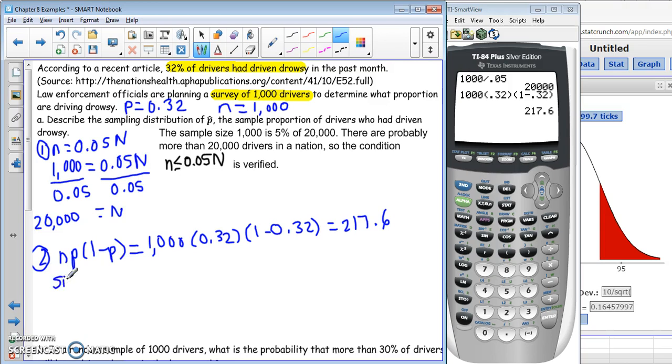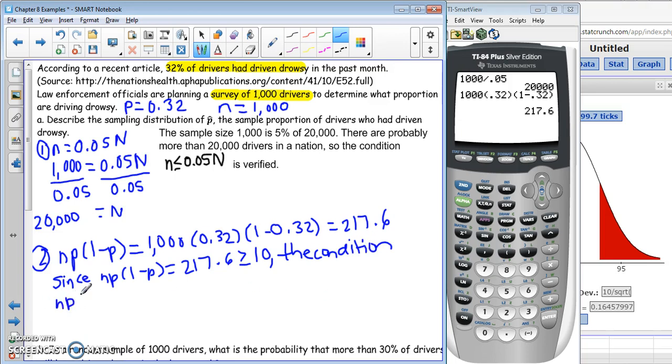So since n times p times 1 minus p equals 217.6, which is greater than or equal to 10, the condition n times p times 1 minus p greater than or equal to 10 is verified.